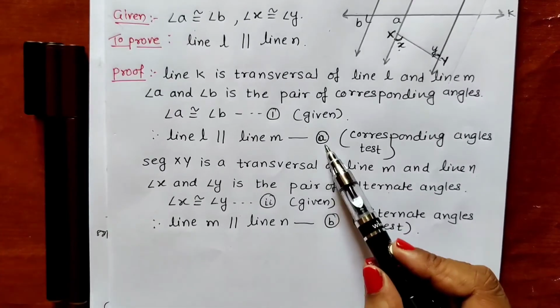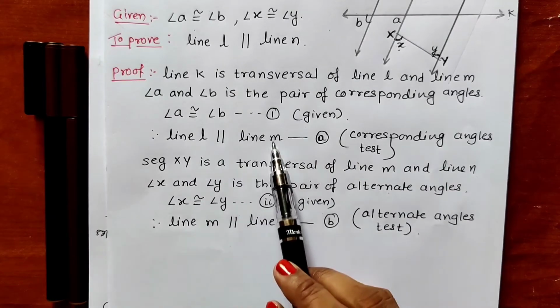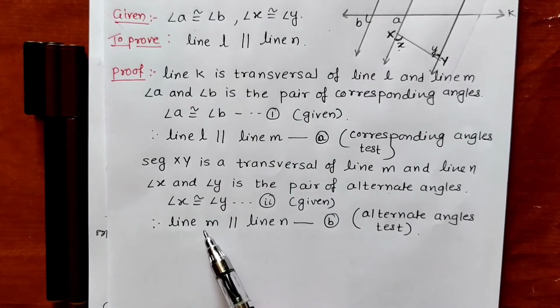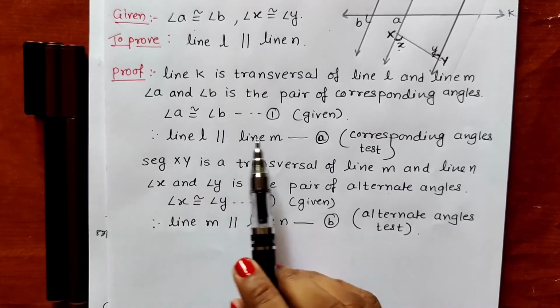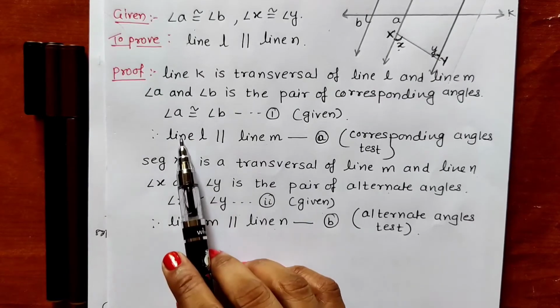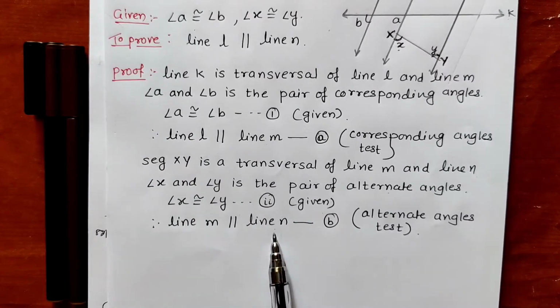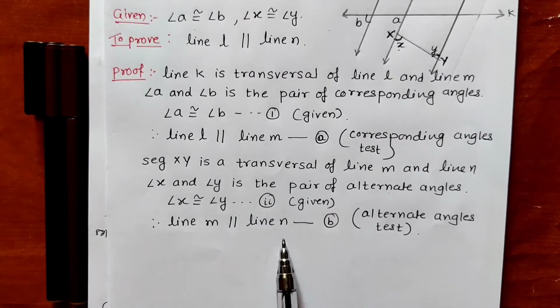Now observe statements a and b. In statement a we have proved that line L is parallel to line M, and in statement b we have proved that line M is parallel to line N. The first line is parallel to the second line and the second line is parallel to the third line. So automatically the first line will become parallel to the third line. That means first is parallel to third.